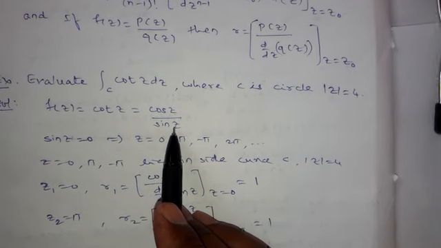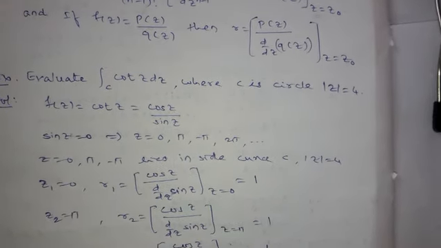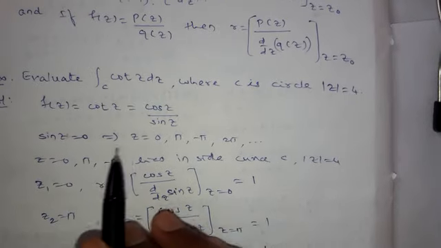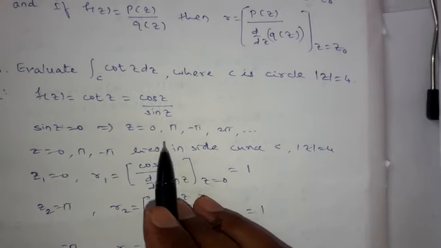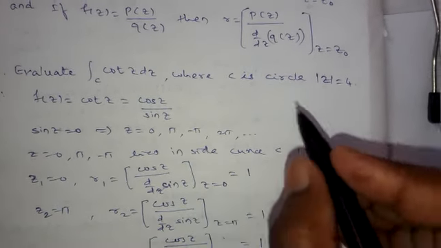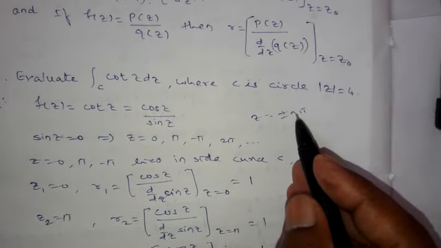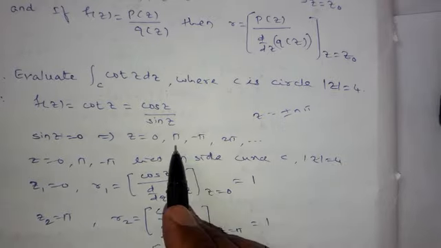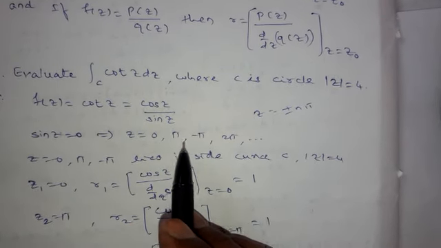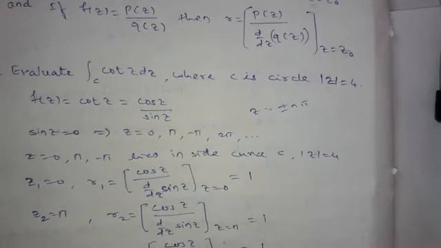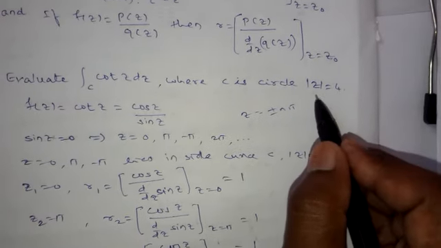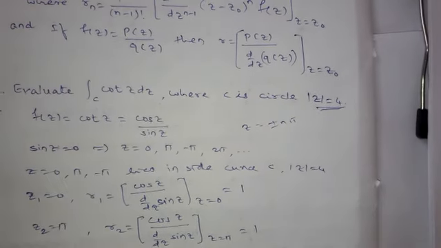So I take the denominator, sin z equal to 0. Sin is 0 for n pi: 0, pi, minus pi. So z is equal to plus or minus n pi, for any n. N equal to 0, I get 0. N equal to 1, I get pi. So z equal to 0, pi, minus pi, 2 pi, minus 2 pi, like that. But our curve is mod z equal to 4.